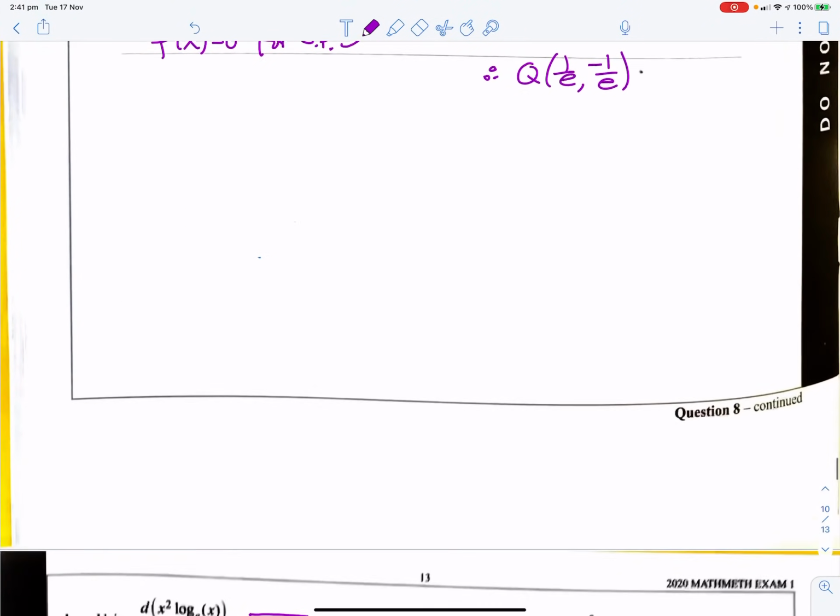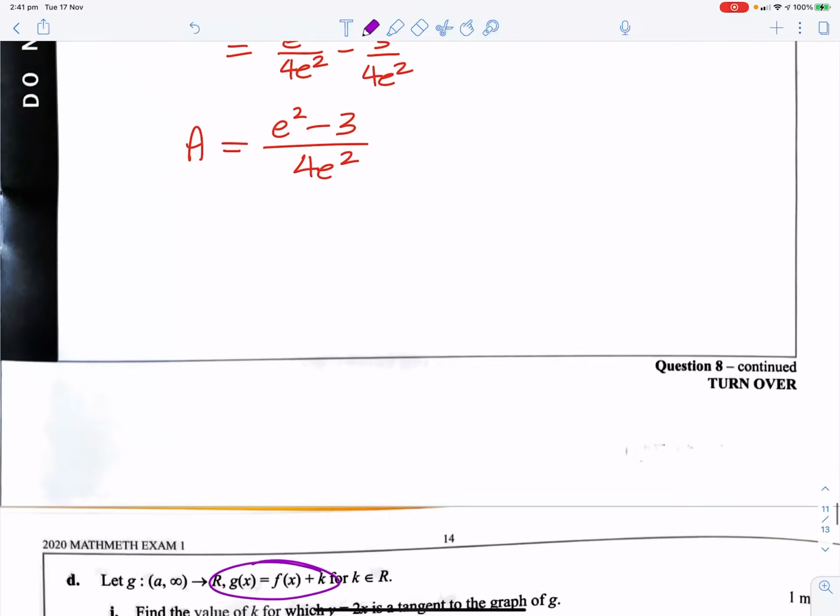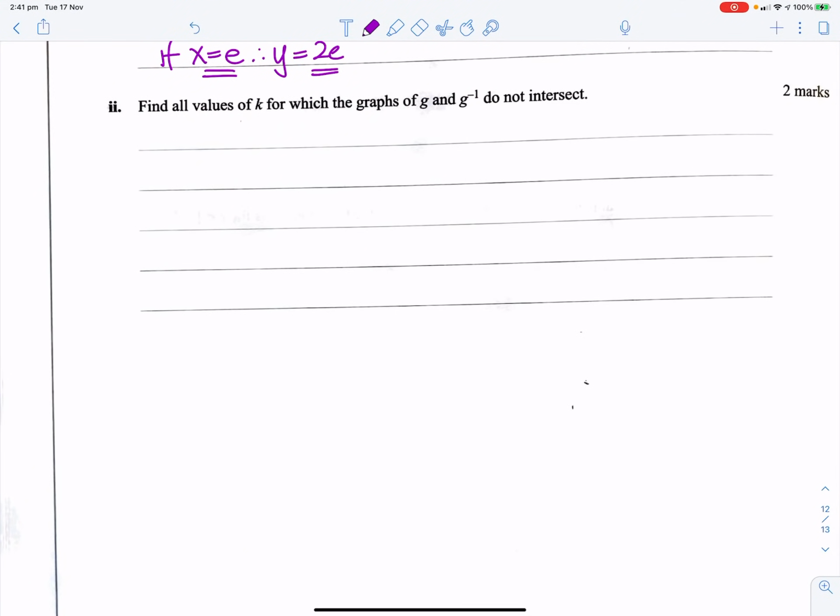So I'm going to say, let g of x equal x. x log e x plus k is equal to x.